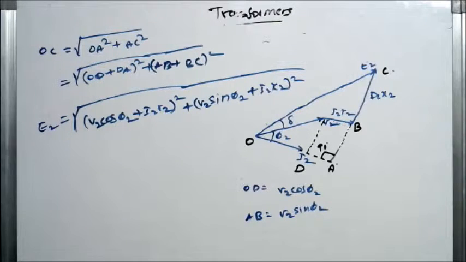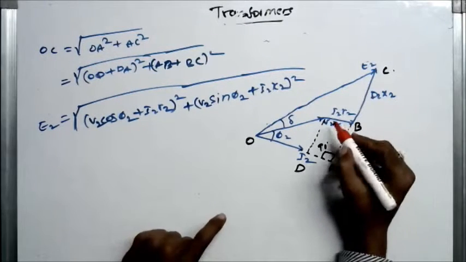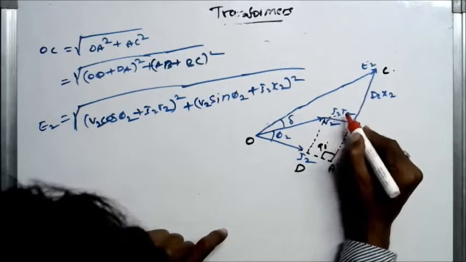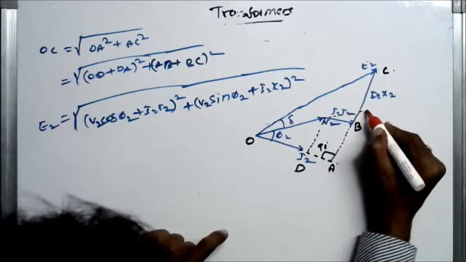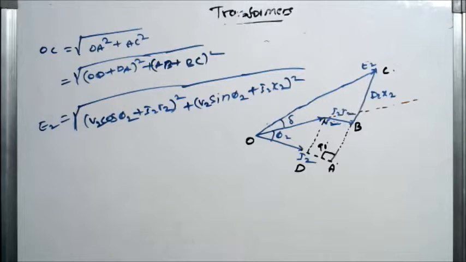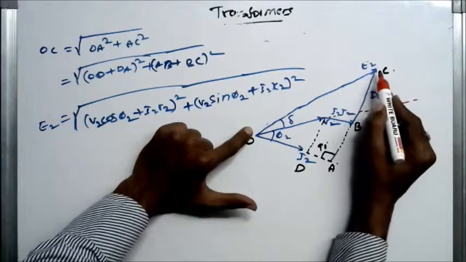There is another simple way of finding E2. See here, extend the line of V2 here in the same way. Draw an arc of radius OC.